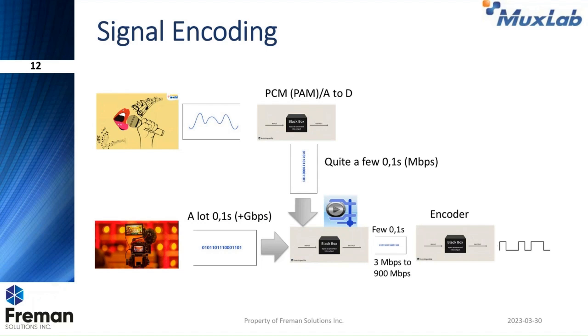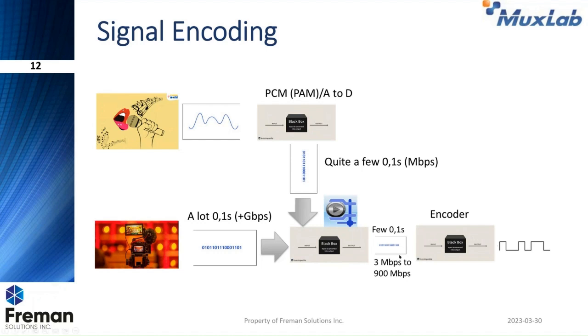So that's the whole trick about compression. That's why companies make money when they create compression codecs, because they learn how to eliminate components of the signal and reduce the bandwidth, but at the same time allow the experience to be good for the consumer of the content.